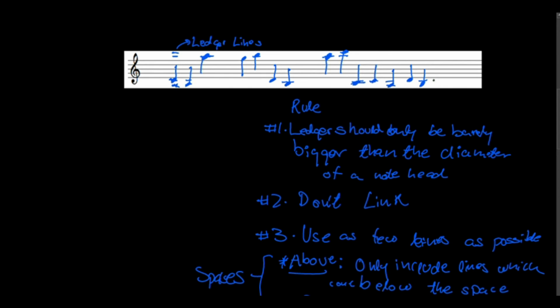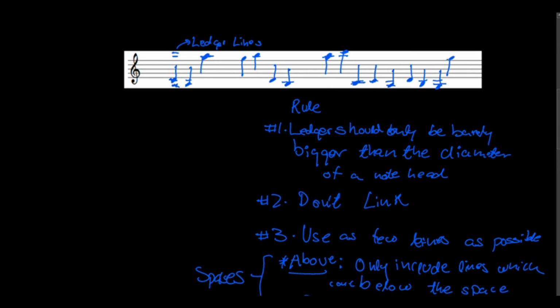If I wanted to do three spaces, I draw two lines and do it for the same reason. So I'm only drawing the lines that come above this particular space. I don't draw this line that comes after it because it's unnecessary. Up top, exact opposite. So only the one that comes below.